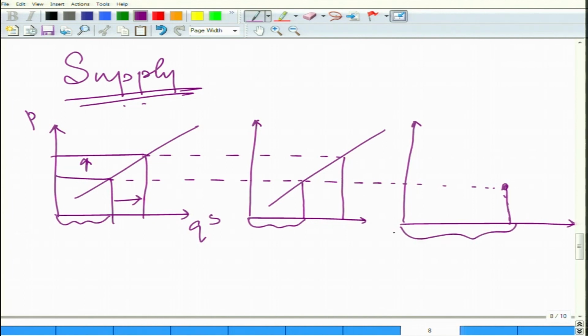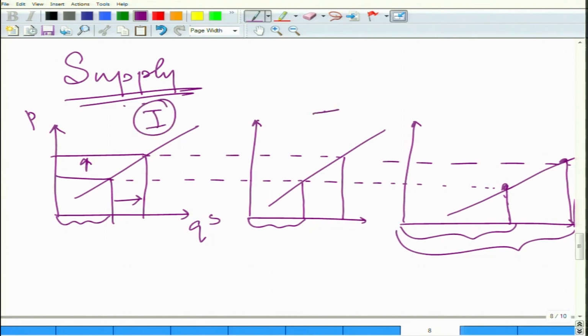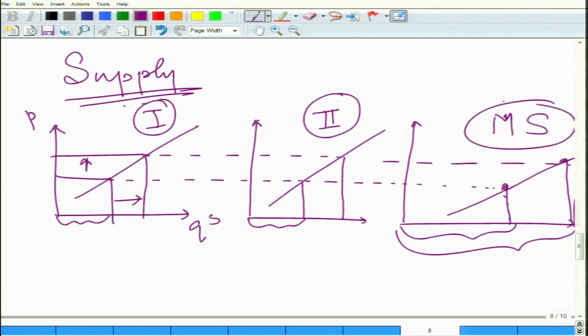So, at the same price, your supply curve is like this. This is the supply curve from individual supplier one, the supply curve from supplier 2, and this is the market supply curve.